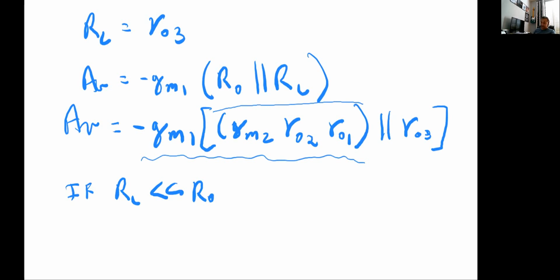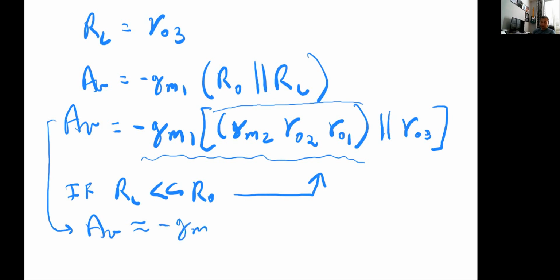If that is the case, and I take that into account in this expression, because the load is necessary to develop gain, then I see that this expression becomes about minus gm1 times RO3, which is the output resistance of the PMOS load.